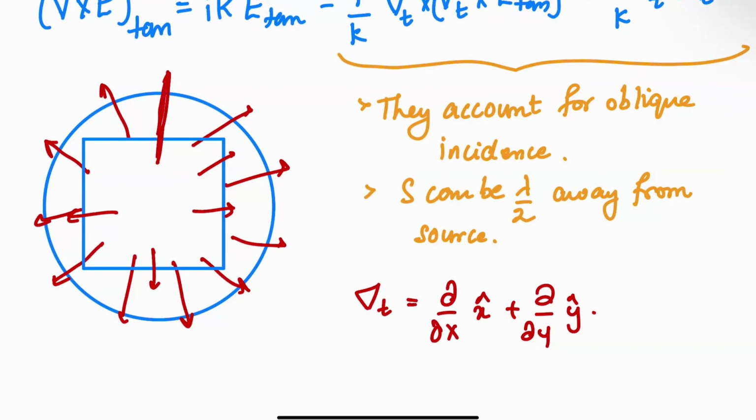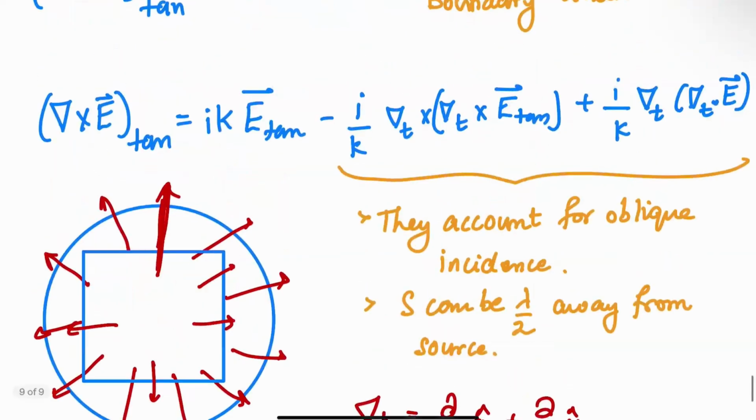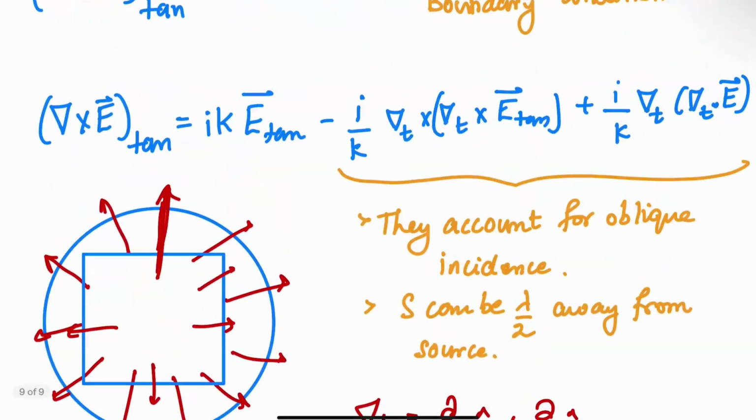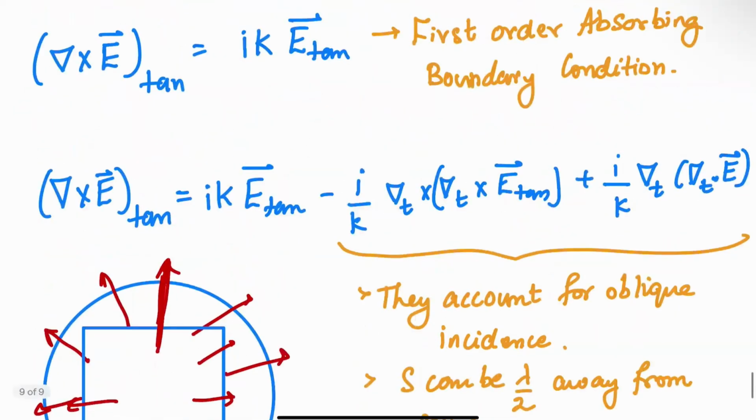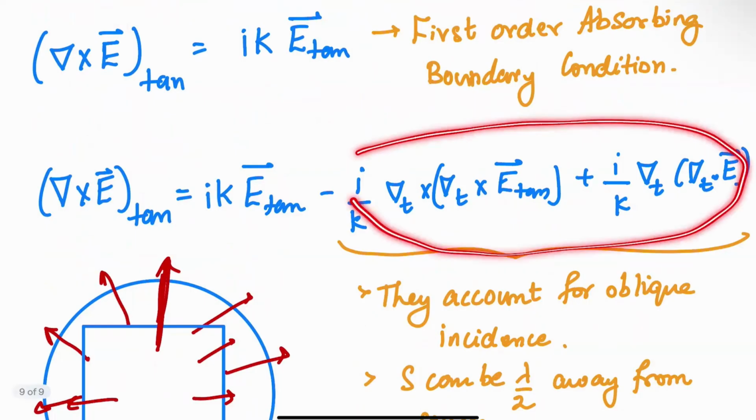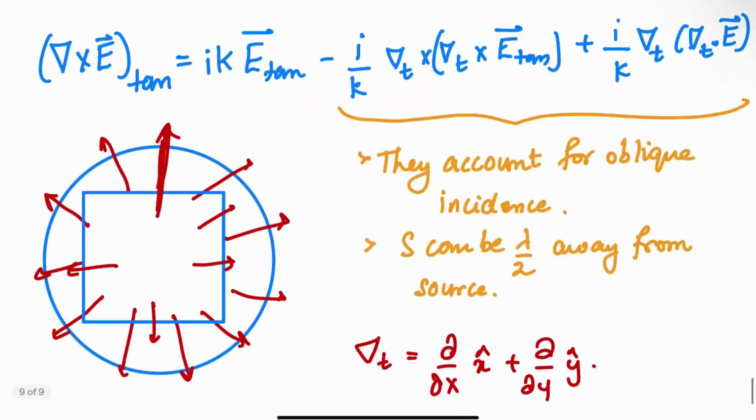Okay. All right. So we haven't really derived this, but hopefully now you know where this term comes from. You can think of this part as a correction factor, so that you can make a rectangular air box that's close to lambda over 2 away from your antenna.